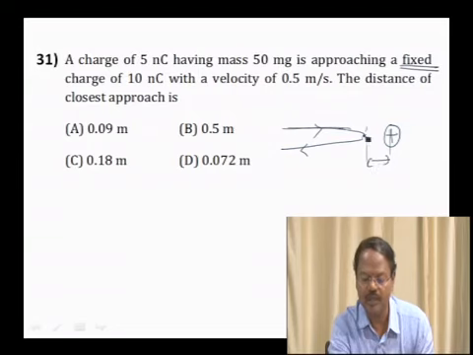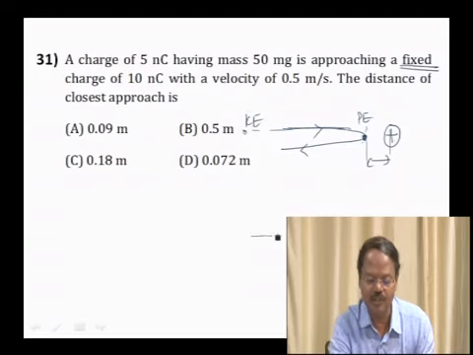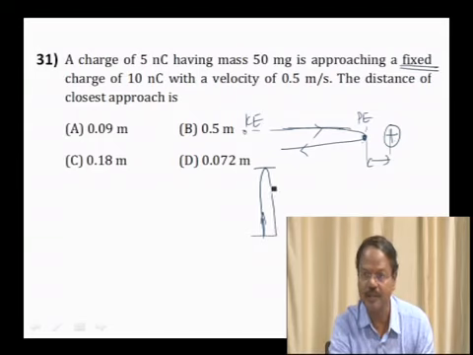So, at this point it has stopped, and therefore, it has only potential energy because of the two charges. And at a long distance, when the potential is negligible, it had only kinetic energy. So this is very similar to a stone which is thrown up, it goes and comes back, it stops here, kinetic energy here is equal to potential energy here, same concept is used.